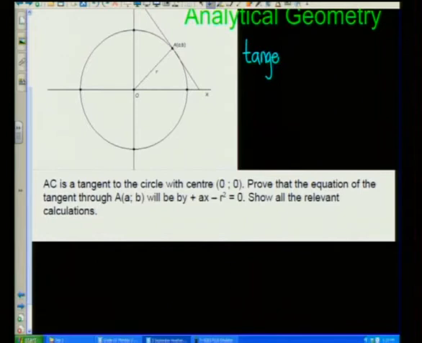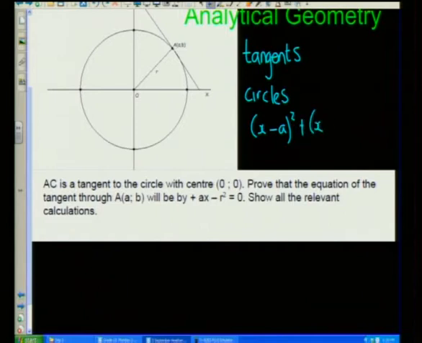And also about circles which are centered off of the origin, and so they are normally of the form x minus a squared plus y minus b squared.